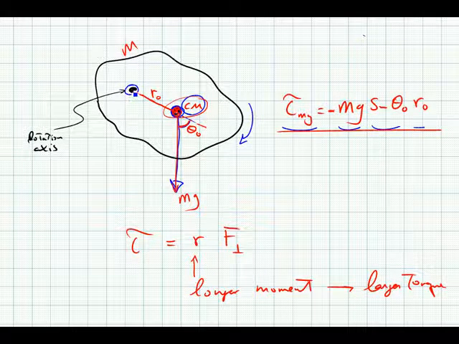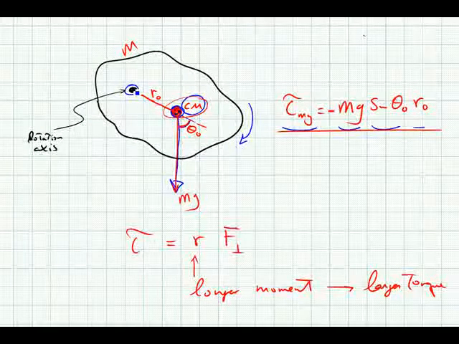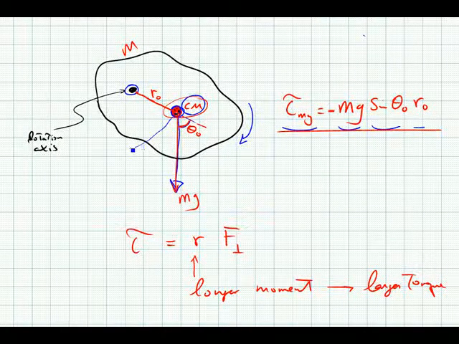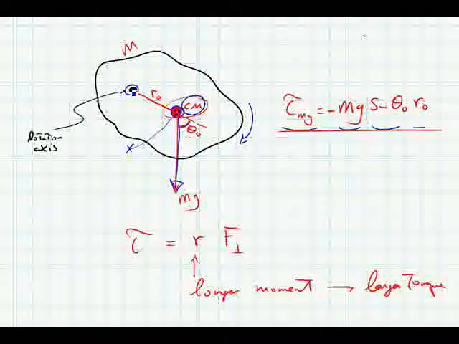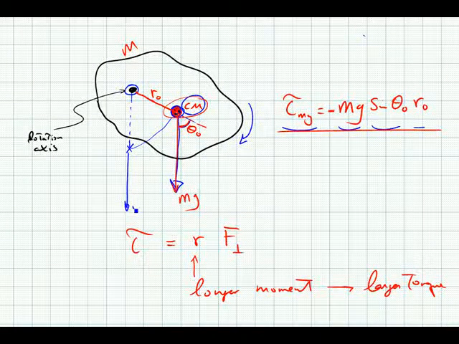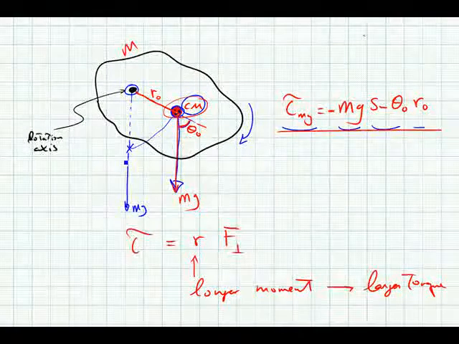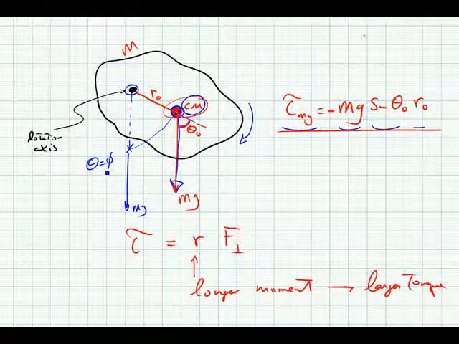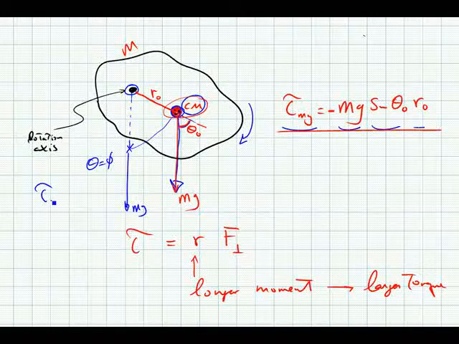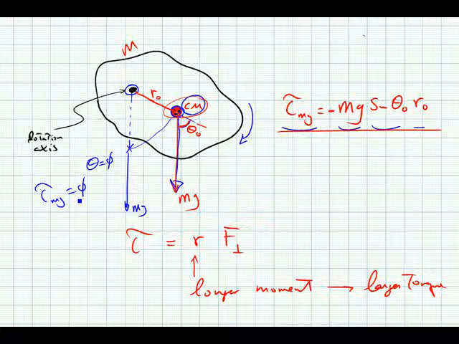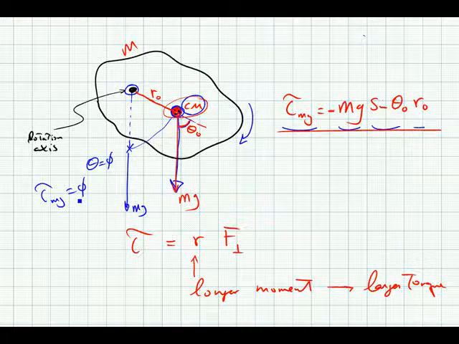And notice that when the object rotates such that the center of mass is directly below the rotation axis, then the angle that mg makes with the radial line would be 0, in which case the torque due to mg will equal 0, and the object will come to rest in that position.